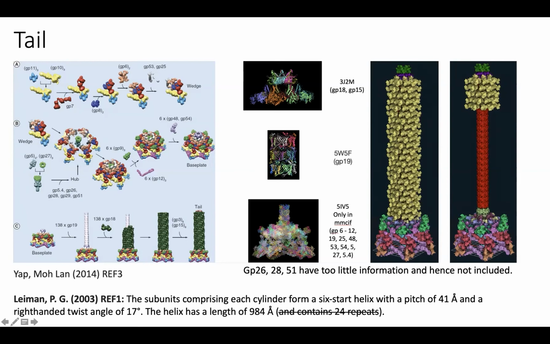However, we use this most recent information from Yap in 2014. This one in this diagram has 138 GP19, the same for GP18. That is 23 multiplied by 6. So we put only 23 layers of the sheath and the tube hexamers.